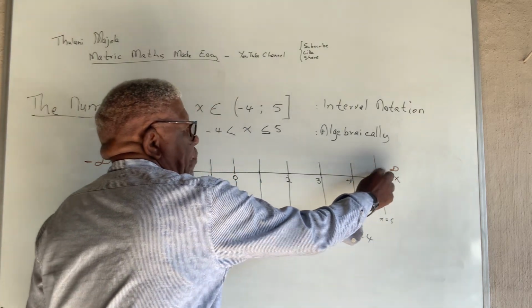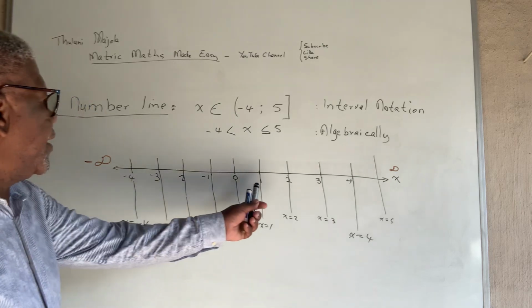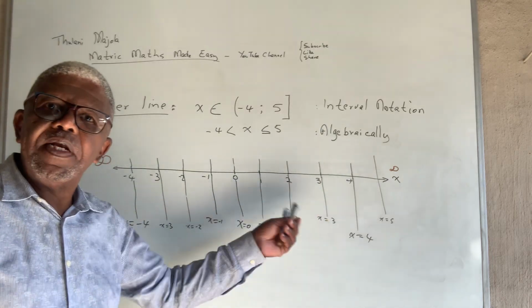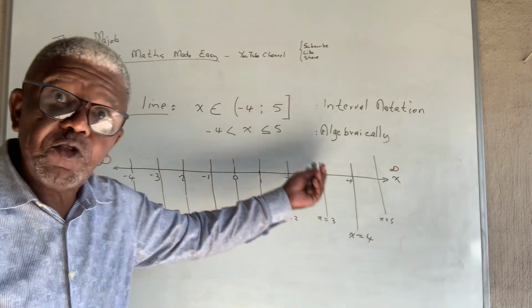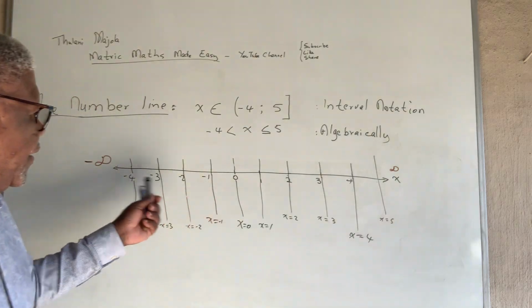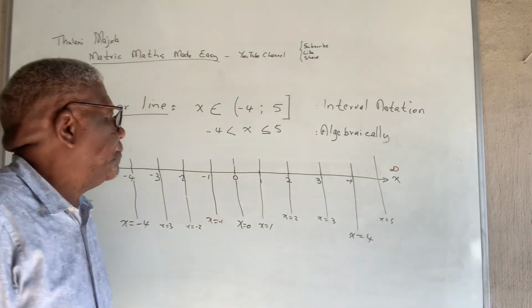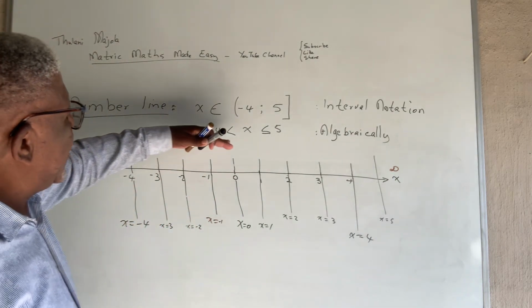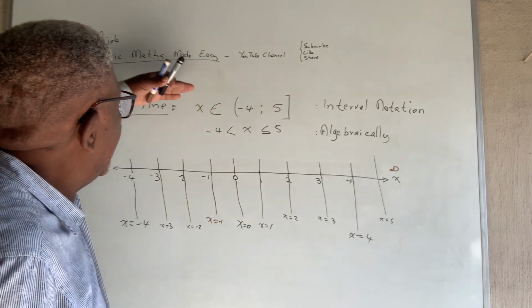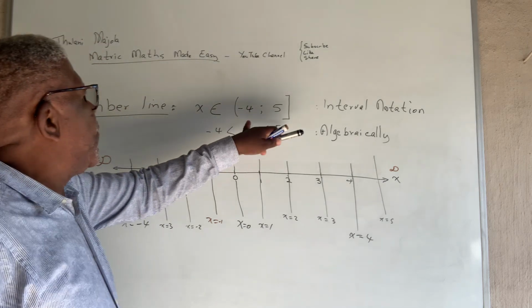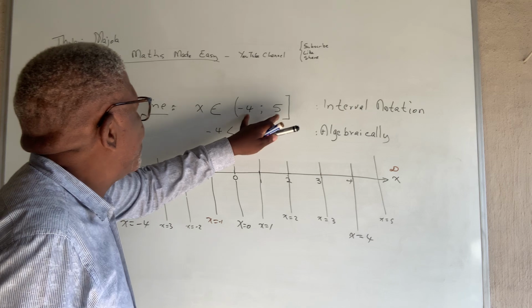You don't have to write the positives. Like here, I haven't written positive 1, 2, 3, 4, because whenever you see these numbers, it is assumed they're positive. And the negatives, we have to specify if they are negatives. Now, we're supposed to represent the x values between -4 and 5.